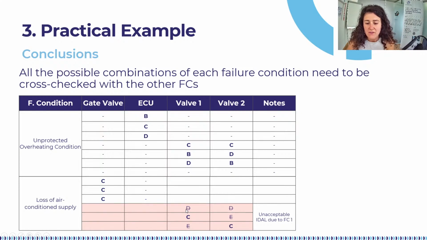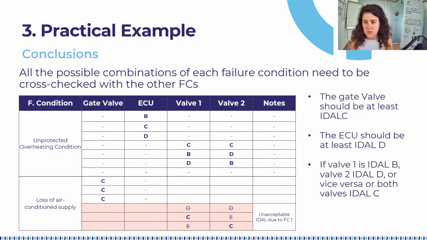So you cannot have DD, because you are not complying in any of them, and you cannot have CE, because here there is no E, and here is the same. So any of these combinations that we analyzed in this failure condition is possible due to the first failure condition that we analyzed.